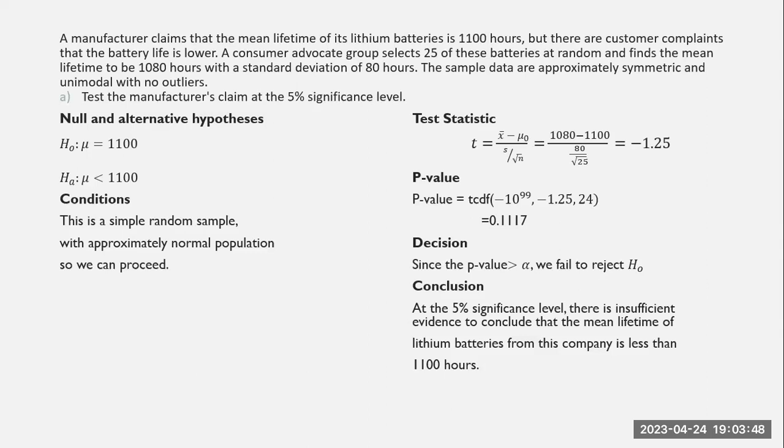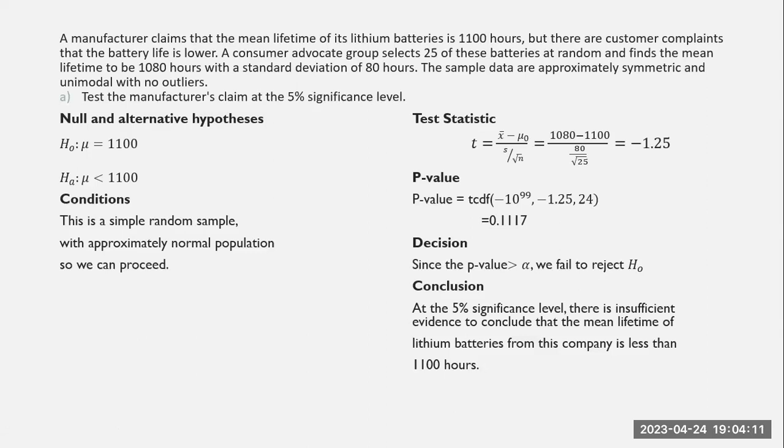For the decision, reject or fail to reject the null hypothesis. For the conclusion, there is evidence for the alternative or there's not evidence for the alternative, right? They're almost always the same, just in the context of the problem.